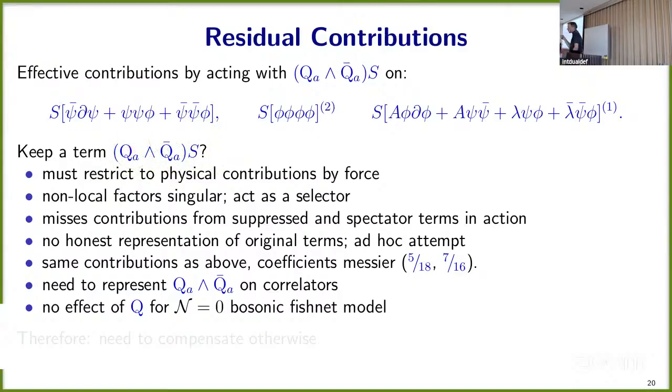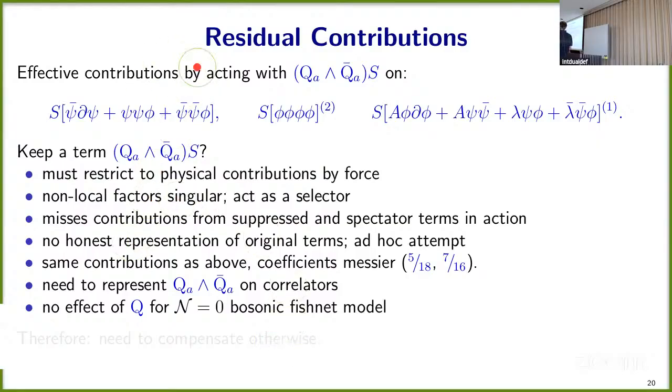They just tell you whether or not you have a certain contribution, and you have to avoid the singular ones. So it's sort of a bad thing. It certainly suppresses or misses those contributions from these terms. In that sense, it's not really an honest representation of the original terms. It's more like an ad hoc attempt.